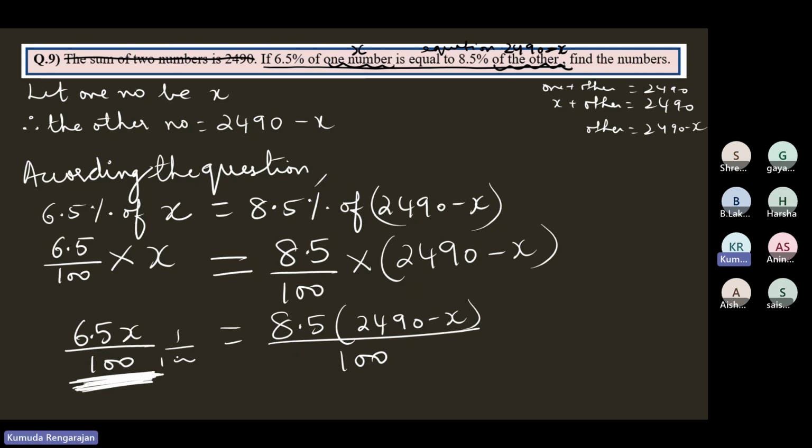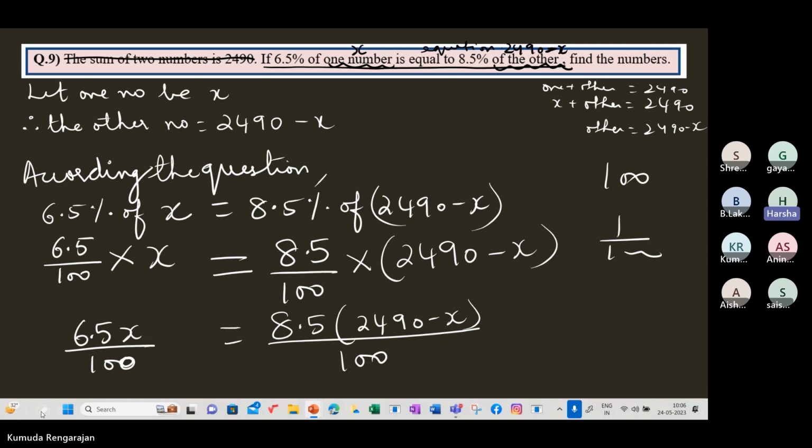If it is in the numerator, it is 100. And when 1 by 100 comes to the other side, it becomes 100 by 1. Agree?